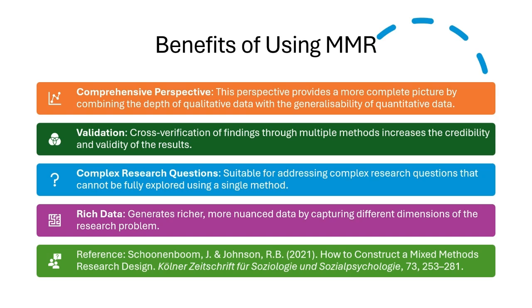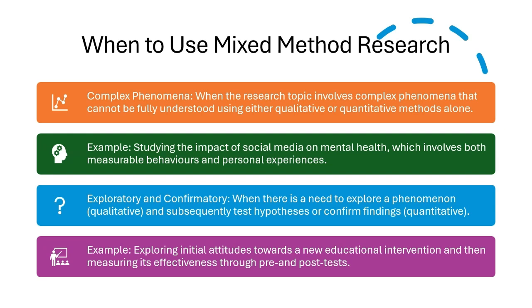Now, very important by this stage, if you are still in the proposal stage or you are now looking at designs, once you have an idea of what your focus area is and the problem that you want to address, the next question would then maybe be, when do we use mixed method research?